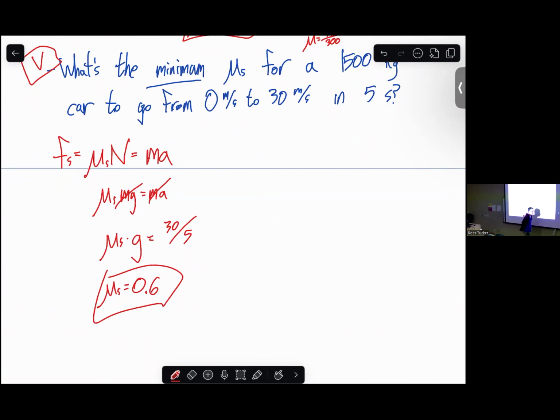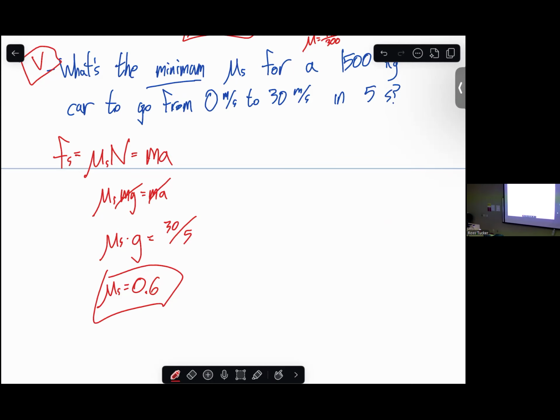The maximum what? That's the maximum force of friction. So I am asking, when you are getting as much out of static friction as possible, any less static friction and you'd be skidding, sliding, burning rubber?